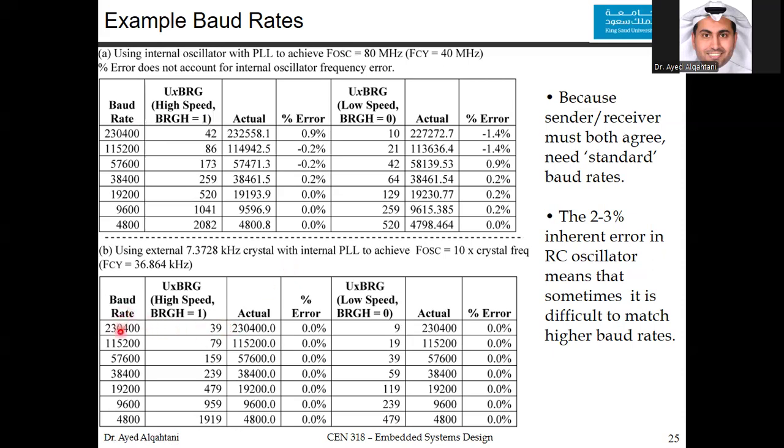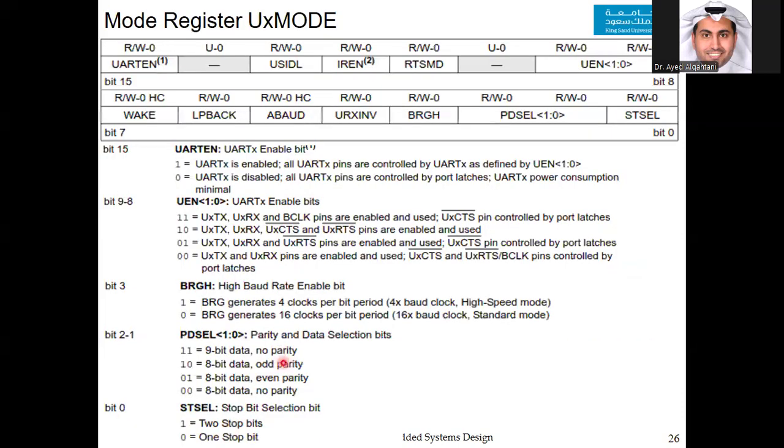So you want a certain baud rate and you're getting exactly what you want, whether in the high speed or the low speed, which means it's better. The bottom line here: if you want higher baud rates, use an external crystal, better for you.